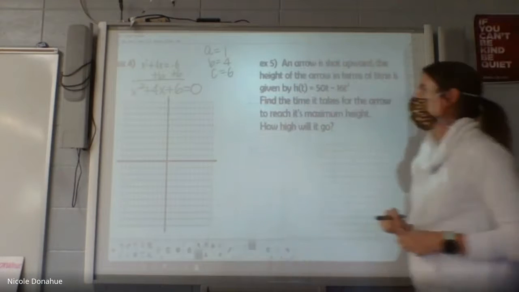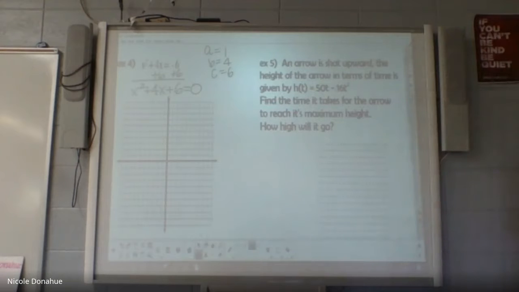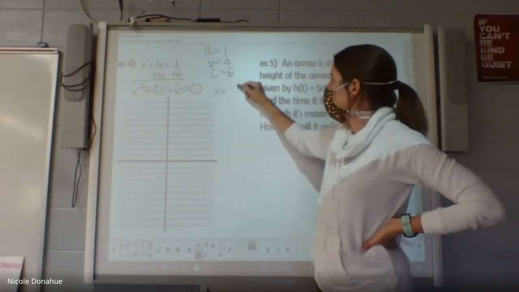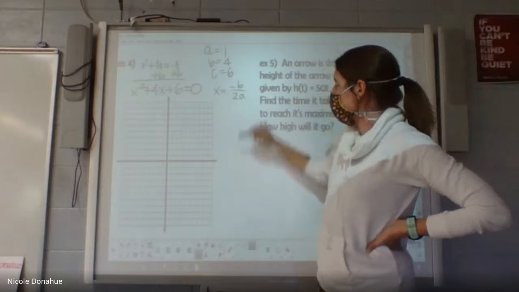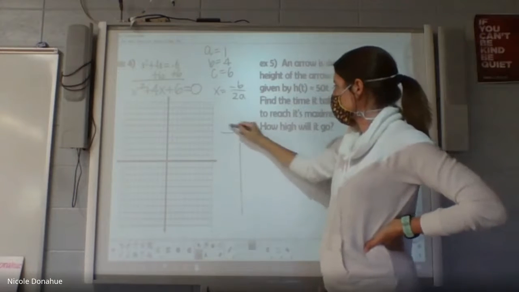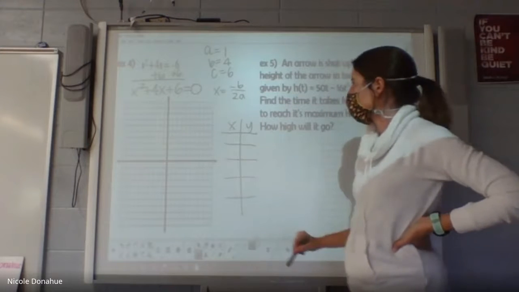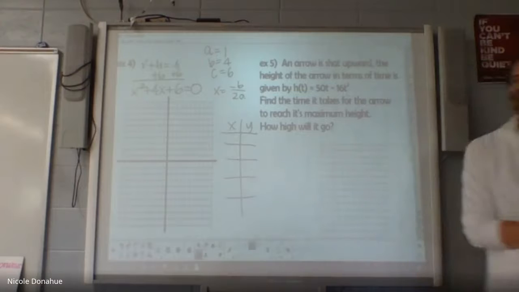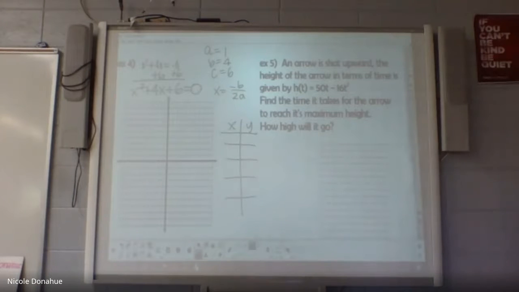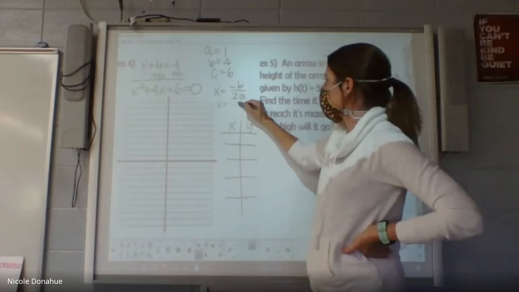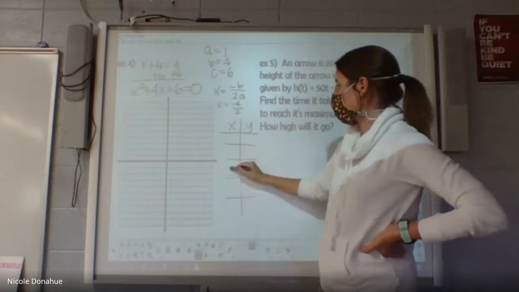Okay, so we're going to do negative B over 2 times A to find our vertex. So it's going to be negative 4 over 2 times 1. So negative 4 over 2 is negative 2.